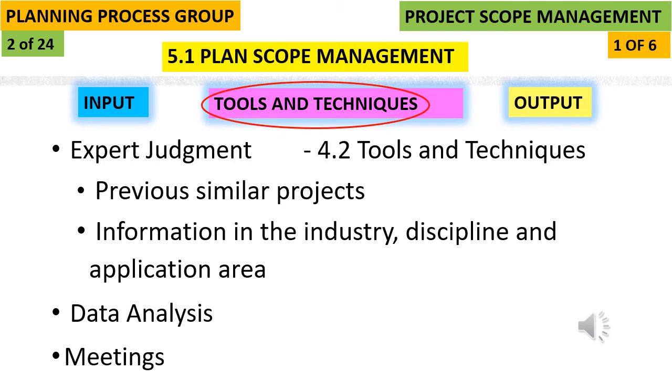A product can be created in multiple ways, and validating the scope, scope validation, and scope control all have to be evaluated, and there are multiple analysis tools available. So we can use these tools and techniques for planning the scope management.